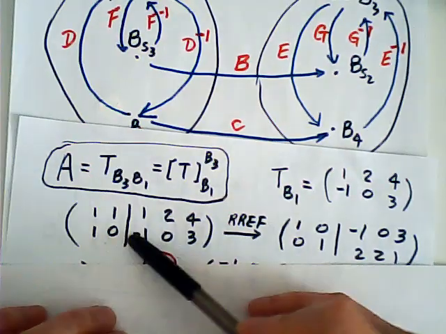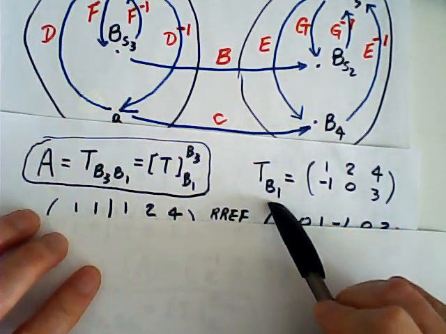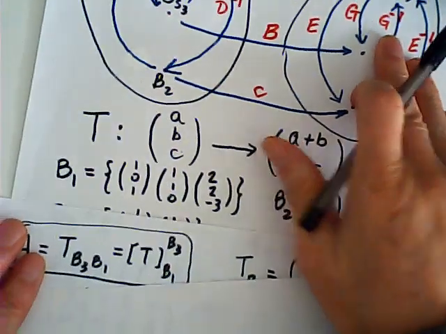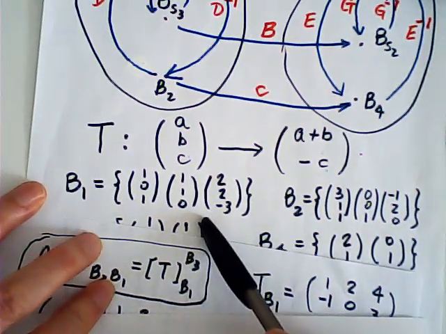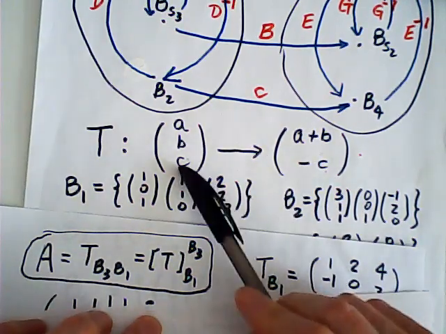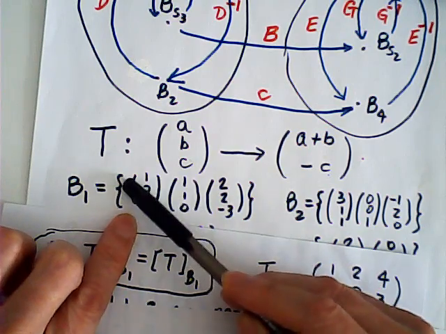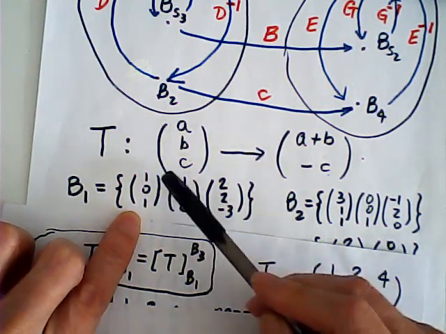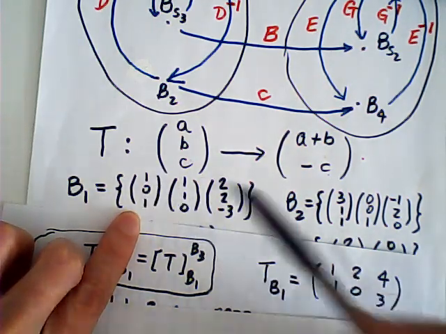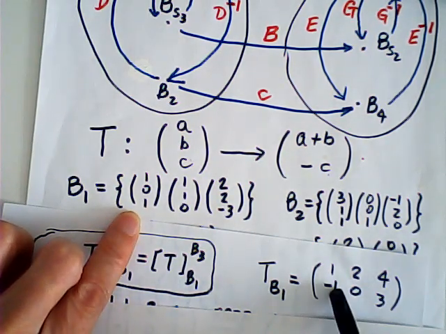First, you write the linear transformation for B1. So what's B1? B1 is this. This is the linear transformation. According to the definition of the transformation, this vector has to become a plus b: 1 plus 0 is 1, and negative c, negative 1 is negative 1.